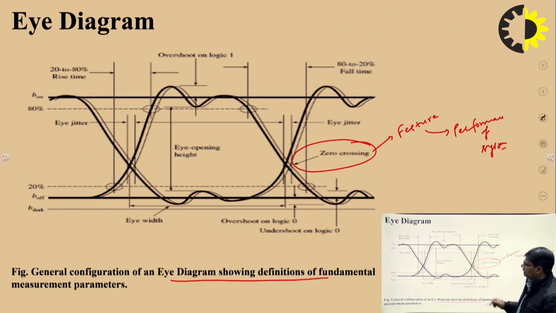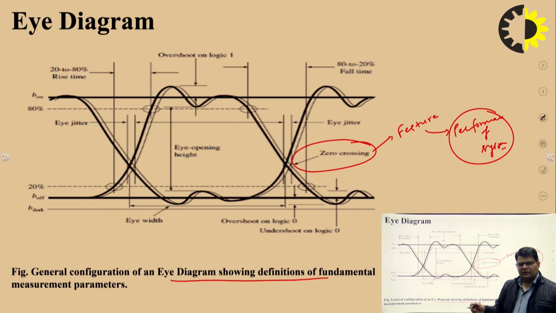In this eye diagram or eye pattern, there are certain features, and those features can be translated to comment about the performance of that particular communication system. So, that is the eye pattern features. For example, this is the first feature known as zero crossing.